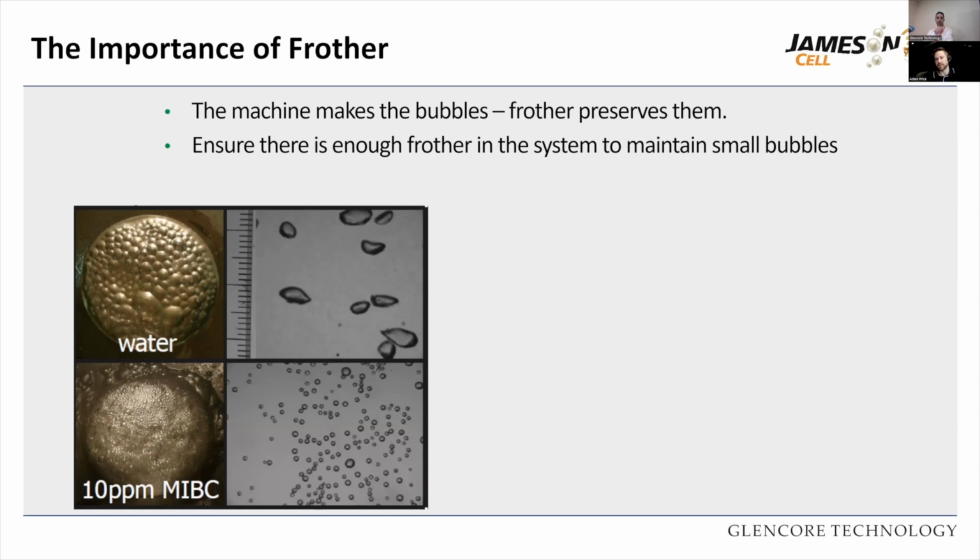That high shear mechanism within the downcomer will be really effective for creating them. But they'll be lost straight away if frother's not in the system and the water chemistry isn't correct. So frother plays a vital role in maintaining those fine bubbles that are created and avoiding any coalescence, and losing the benefit of what the Jameson cells produce.